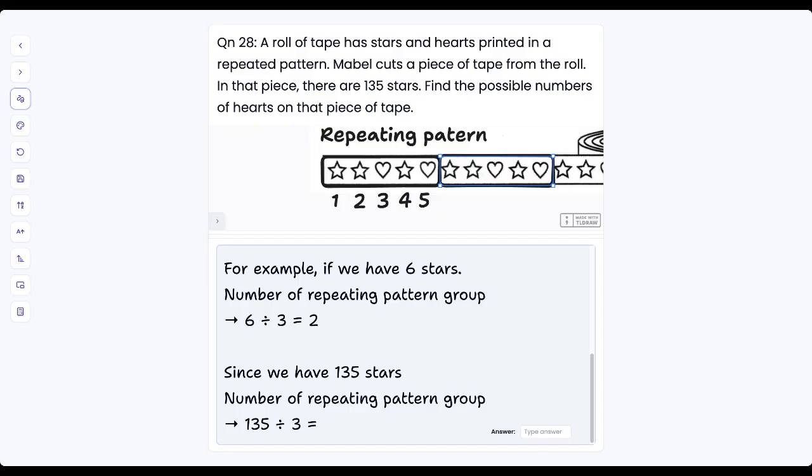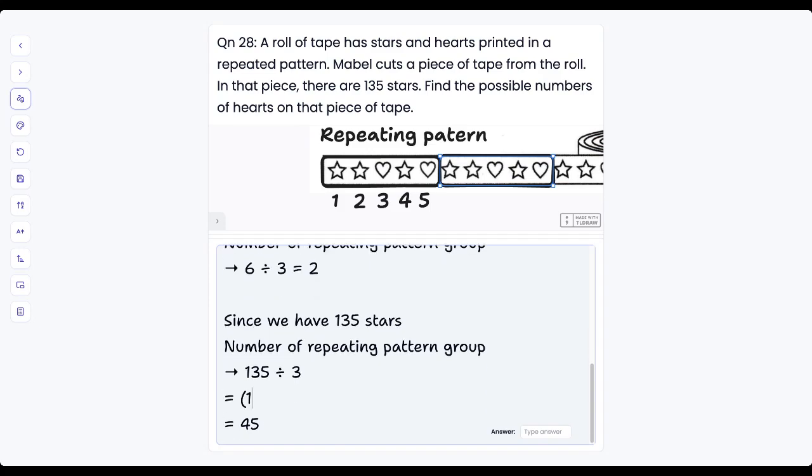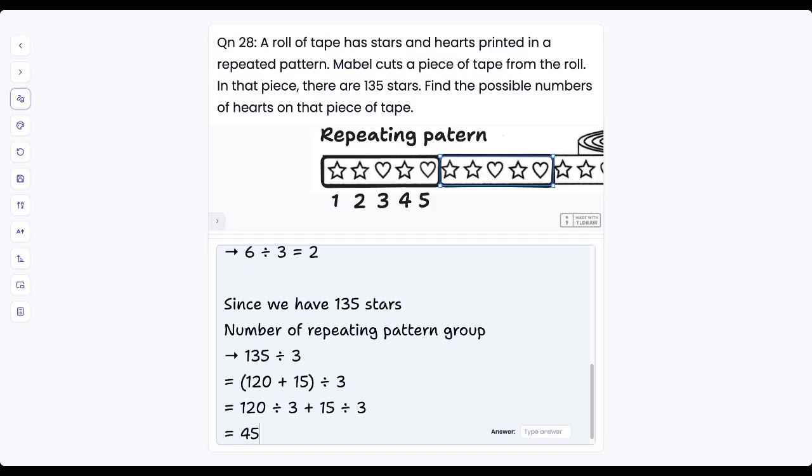If you do the calculations, it is 45. If I were to do the mental calculation to double check, it is basically 120 plus 15, then divided by 3, which is the same as 120 divided by 3 plus 15 divided by 3. This will be equal to 40 plus 5, which is 45.